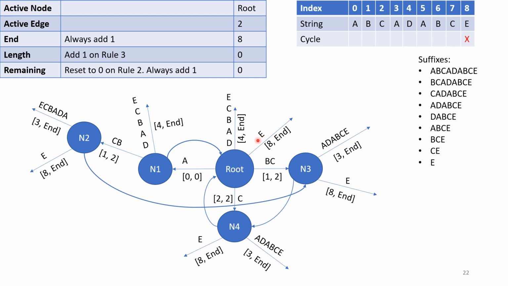It's right there. So what about CE? Well, CE, there it is. BCE, and then ABCE. Here's A, B, C, E, then D, A, B, C, E, A, D, A, B, C, E, and so on. You can prove it to yourself that all of them are here.